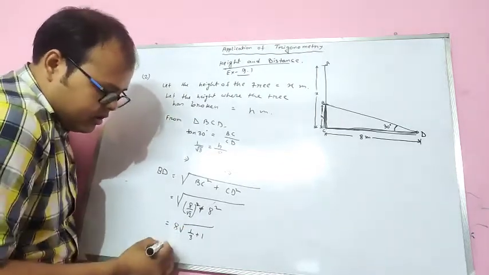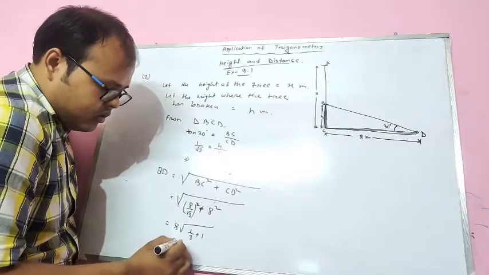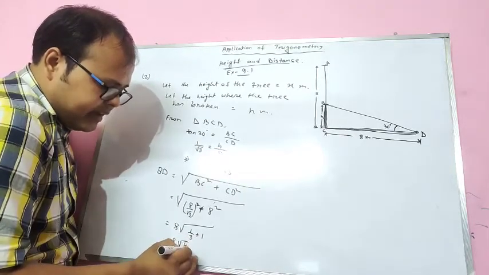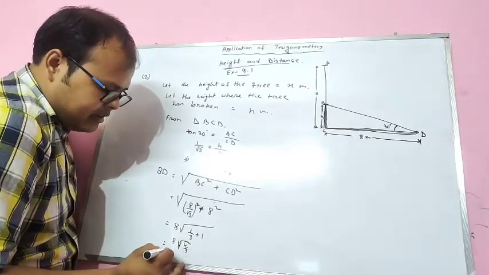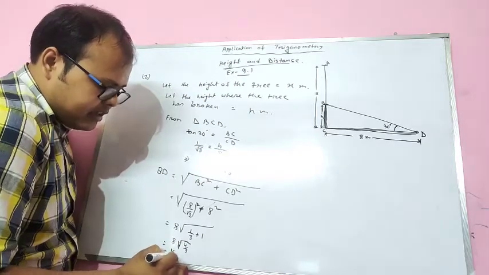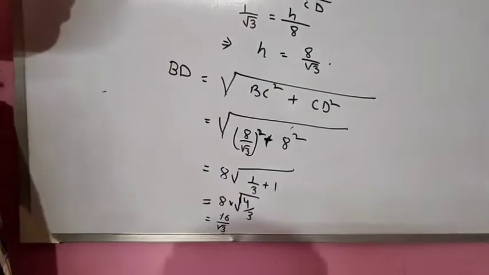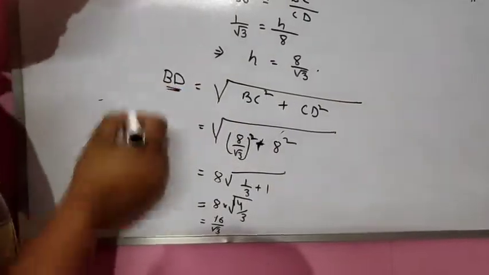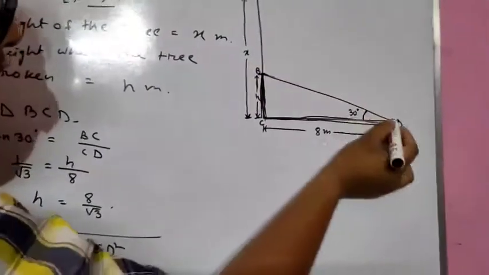So it becomes 8 times root over 4 by 3, which is nothing but 16 by root 3. So we have the length of BD, our hypotenuse.